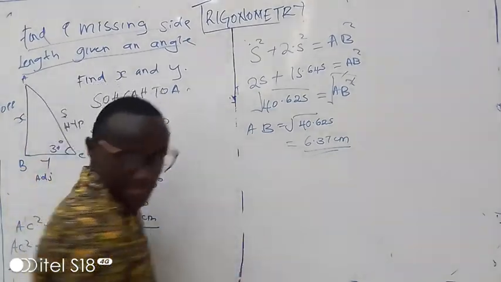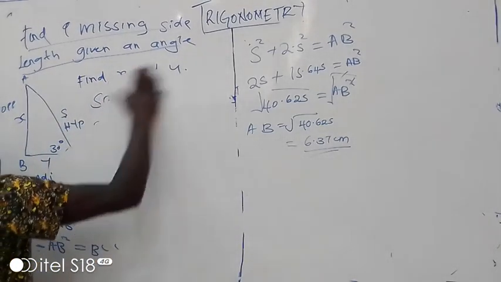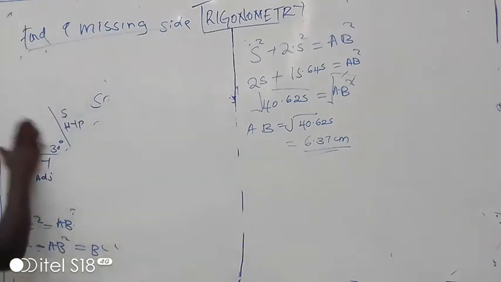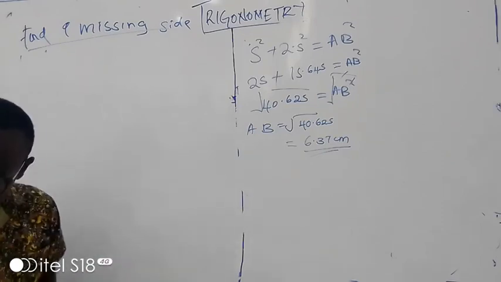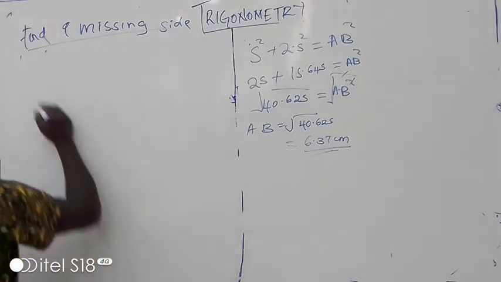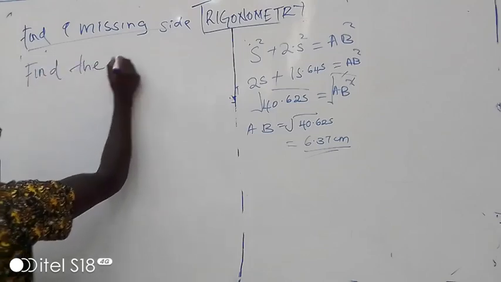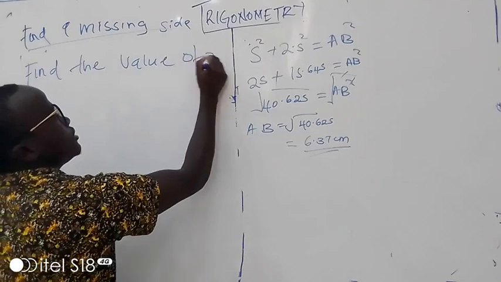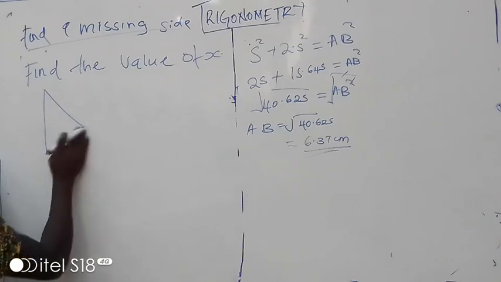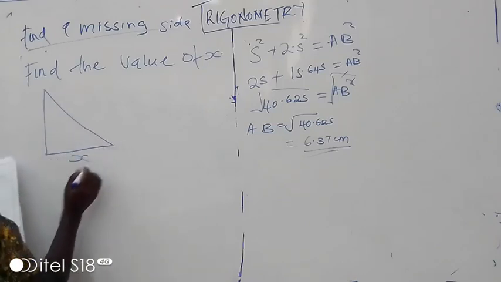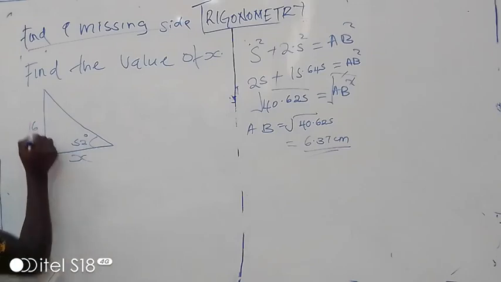Now we can look at another example. We are going to find the value of x, given that this angle is 52 degrees and here we are given that this side is 16.